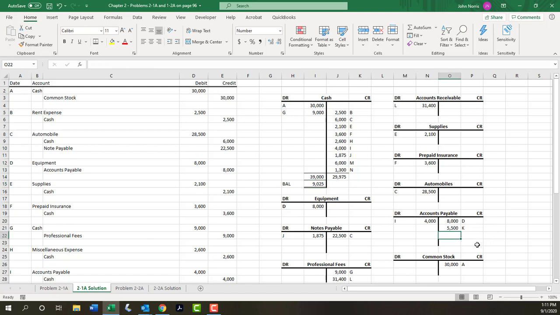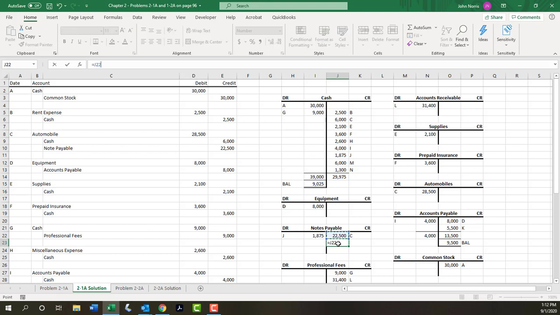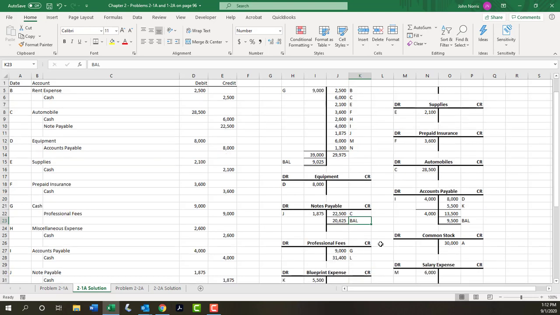Accounts payable balance is $9,500. And the note payable balance is $20,625.